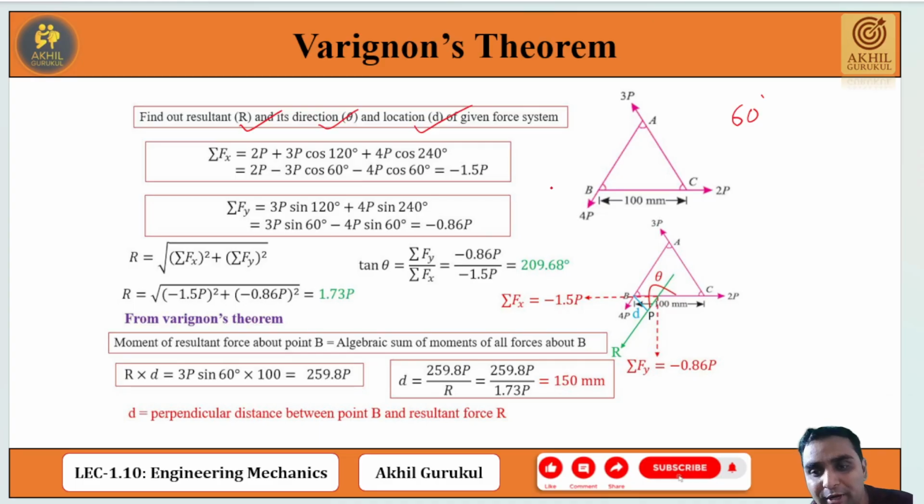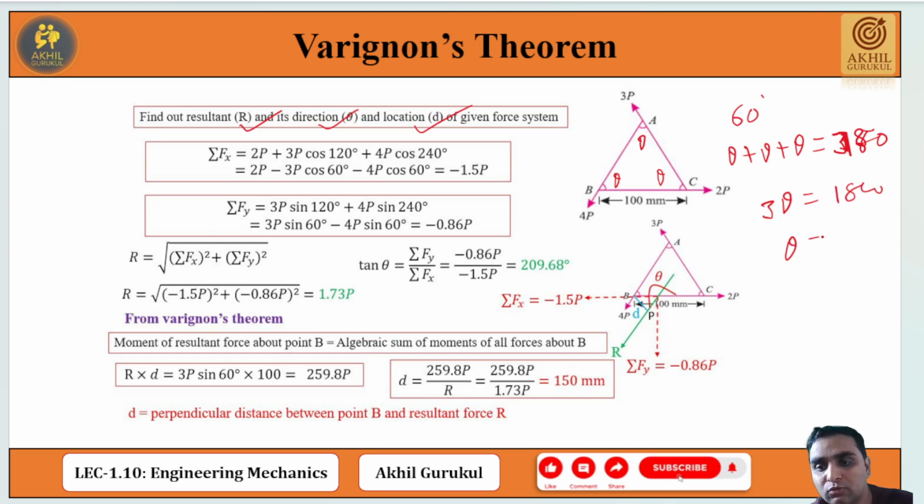तो यहाँ पे देखिए इक्विलेटरल ट्रायंगल है, तो किसी भी ट्रायंगल के तीनों एंगल मिलके कितने होते हैं, 180. और मान लीजिए इक्विलेटरल है तो ये थीटा है तो ये भी थीटा होगा और ये भी थीटा होगा. So 3 theta equal to 180, theta should be 180 divided by 3.